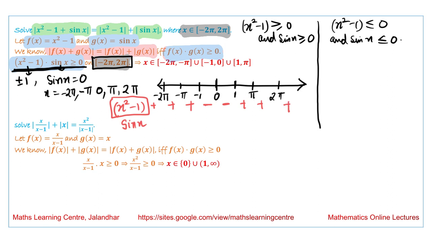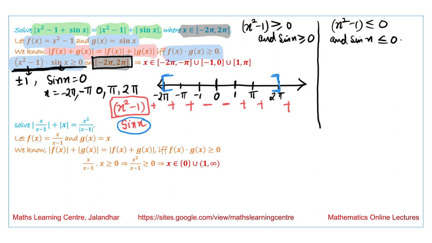Similarly, for the function sine x, we require the answer to lie between minus 2 pi to 2 pi. We are interested in these intervals only.